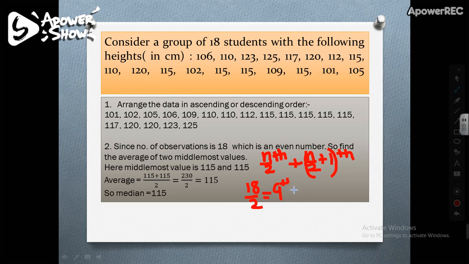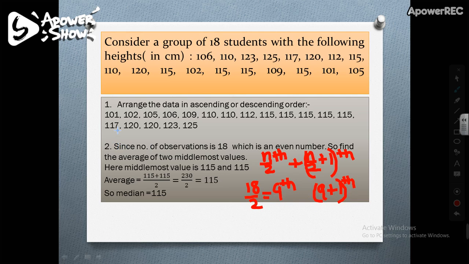So the first middlemost observation is our ninth observation, and then you have to find n by 2 plus 1. So 9 plus 1 means 10. So you have to find two observations: the first is our ninth observation and the second is the 10th observation. After finding the ninth and 10th observations, you have to calculate the average of these two observations.